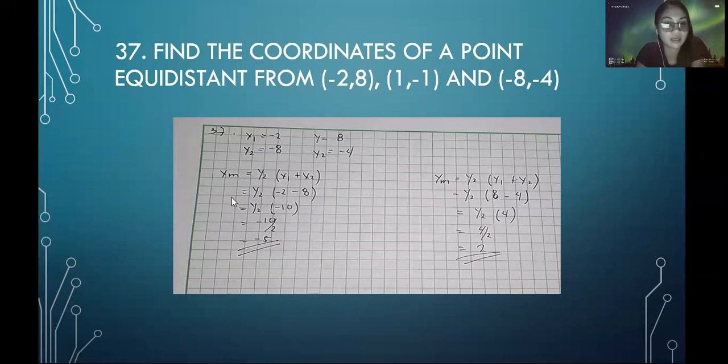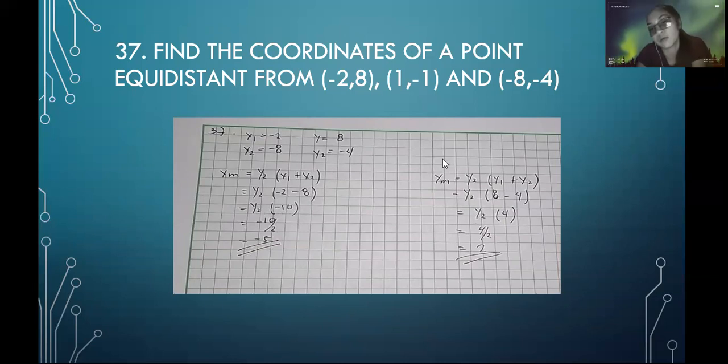To solve, x sub m is equal to 1/2 times x sub 1 plus x sub 2. So 1/2 times negative 2 minus 8, negative 2 minus 8 is negative 10. So 1/2 times negative 10 is equal to negative 10 over 2. So x sub m is equal to negative 5.